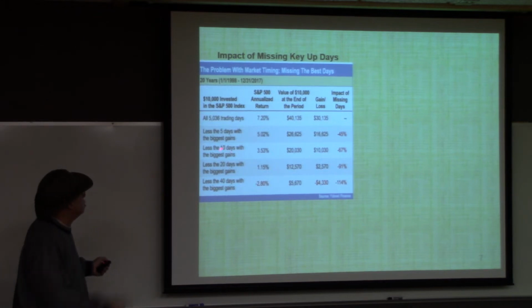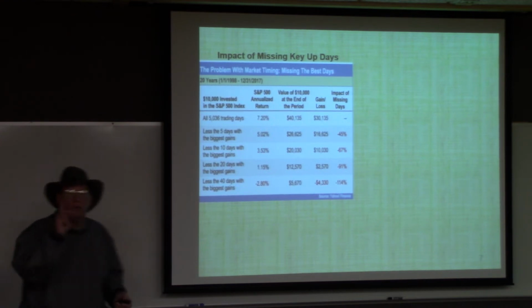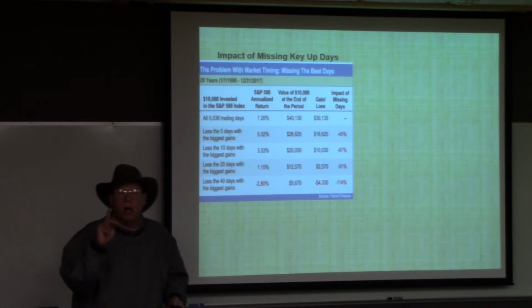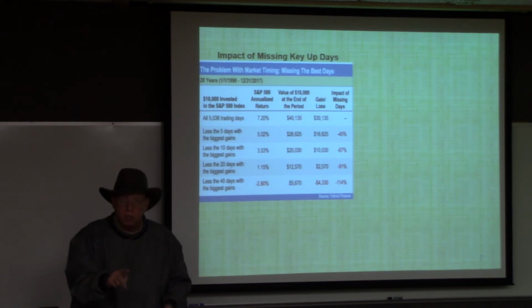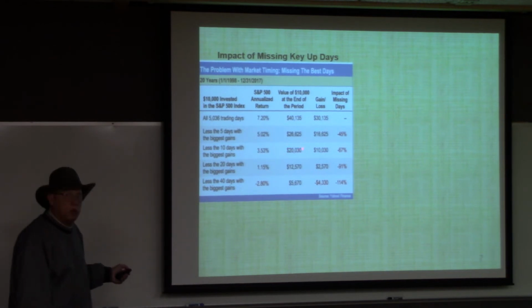If you missed the 10 biggest days, 3.5%. Your return would have been cut in half if you missed the 10 biggest up days in the market. 10 days out of 5,036 days. And your $10,000 would have turned into $20,000. Your $100,000 would have turned into $200,000 instead of $400,000.